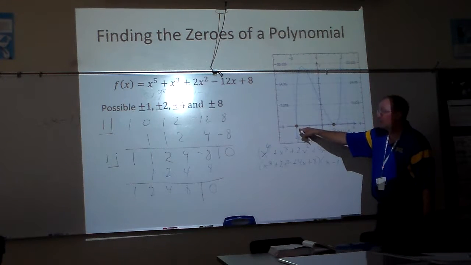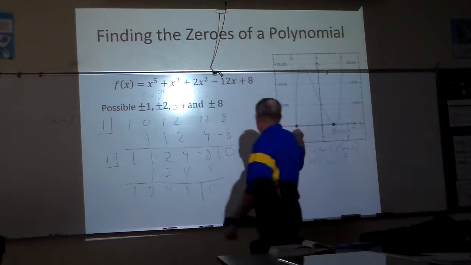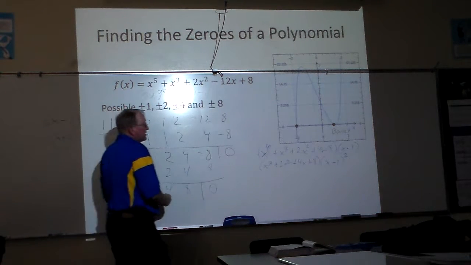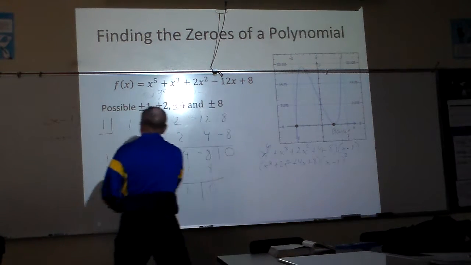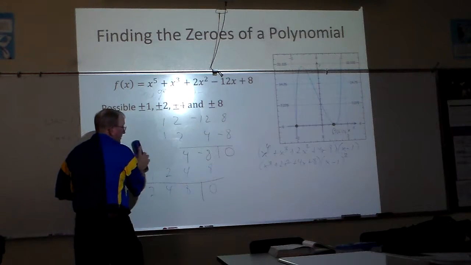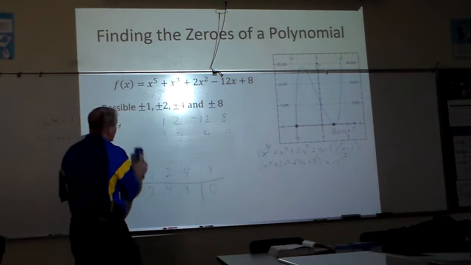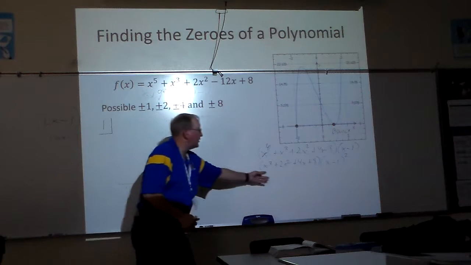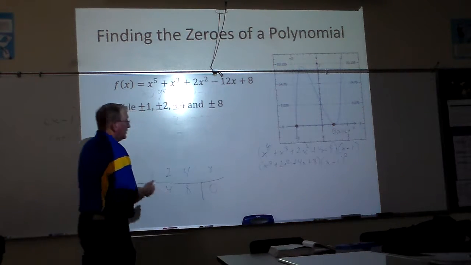I know that negative 2 is also an answer. Well, if I'm going to use a negative 2, it's the same as x plus 2. And I kind of need some board space, so I'm going to erase what I have done right there. I want to make sure I leave those coefficients so I can copy them down. Well, actually, I have them written right there, so I'd be okay.